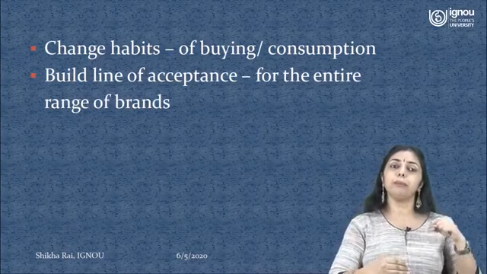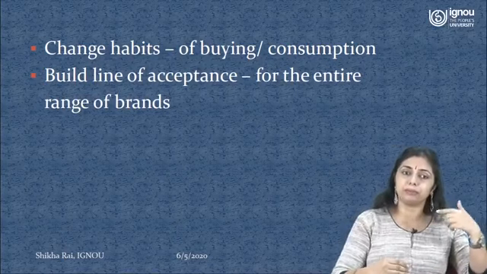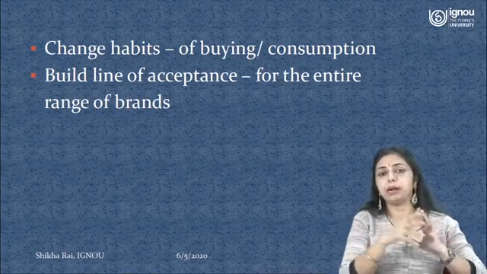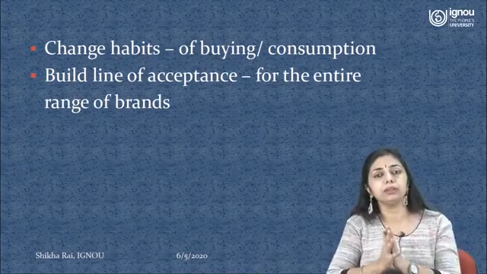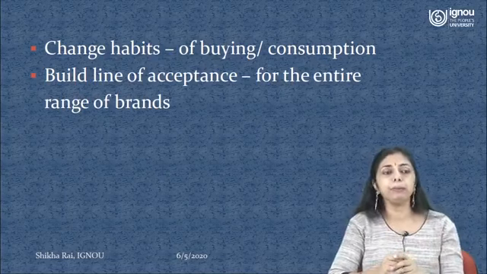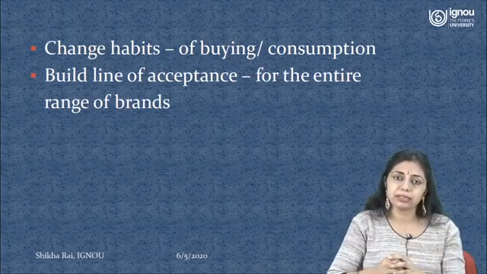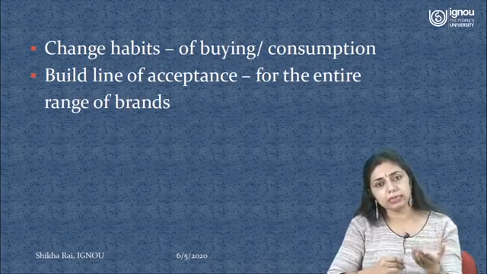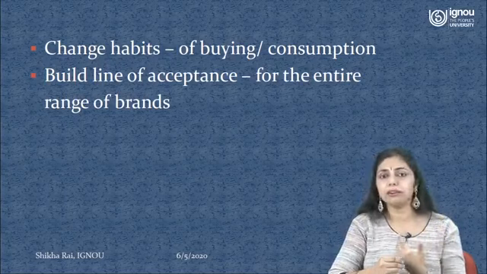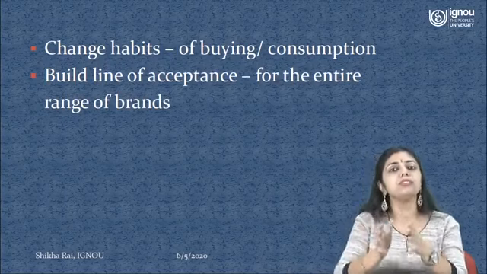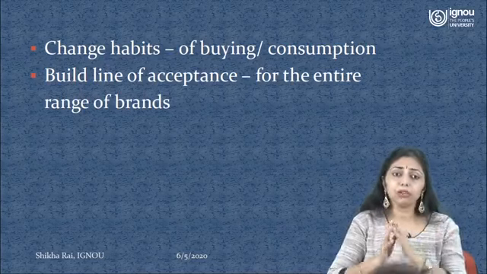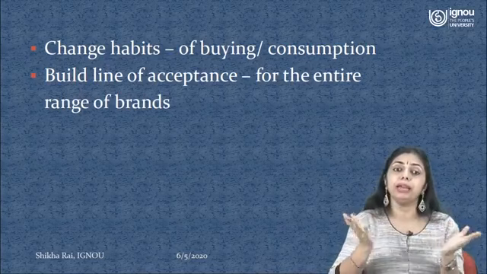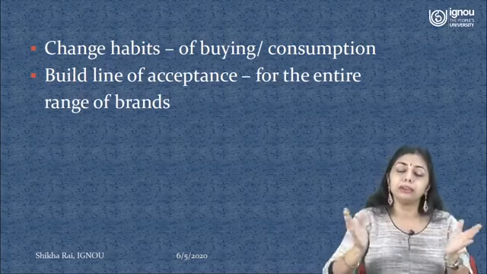Then you are also able to build a line of acceptance for the entire range of brands. When we say entire range of brands, a brand has many verticals. The same company may be making television sets, could also be making ACs, washing machines and refrigerators. So each of these consumer durables is a vertical in itself. So it helps you build a line of acceptance for the entire range of brands.